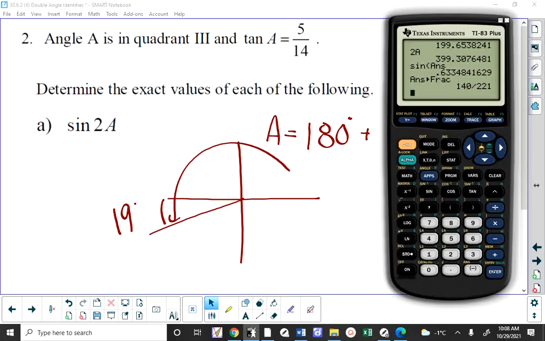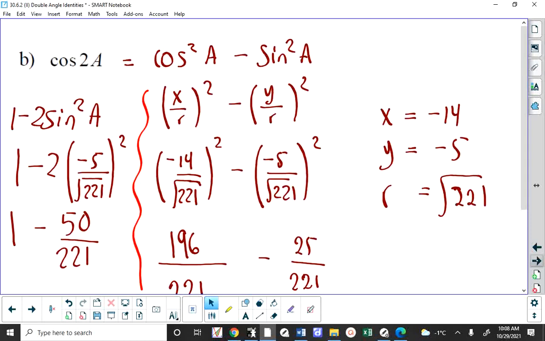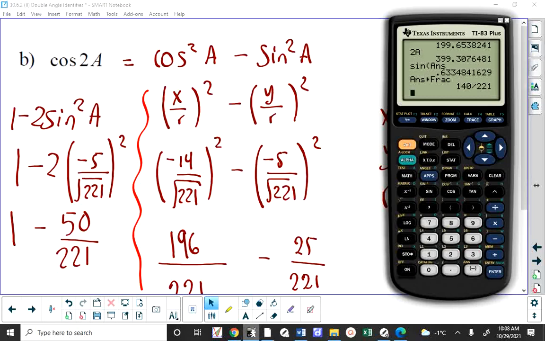What is the cosine of 2A? Well, I'll take the cosine of 2A. I mean, really, as a time saver on an exam, if we're going to give you a question that could be done on your calculator, why not? And this does show some level of understanding of trigonometry.